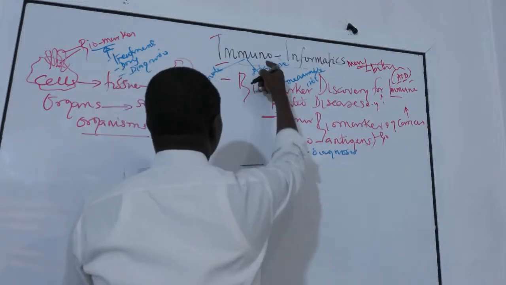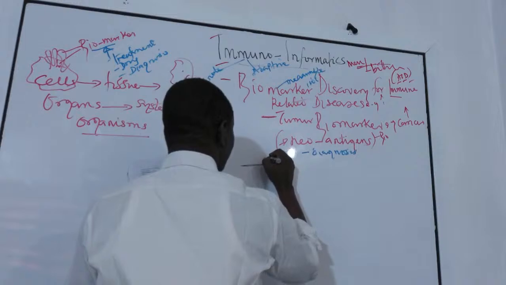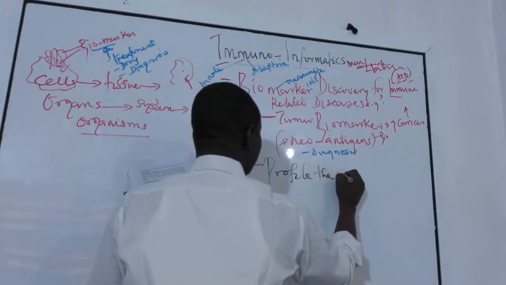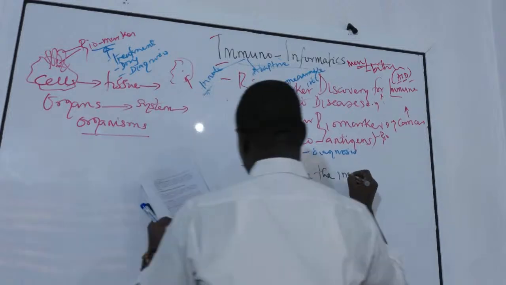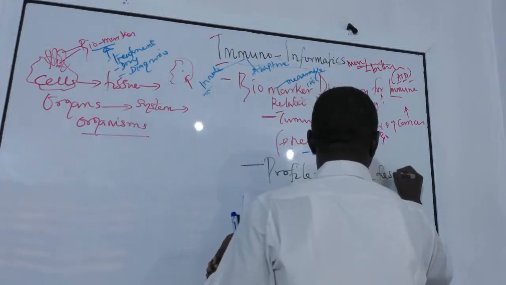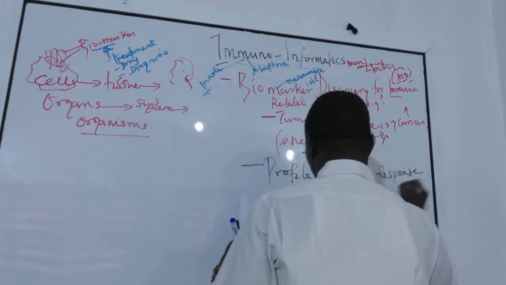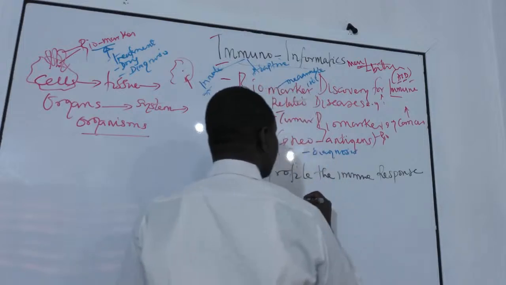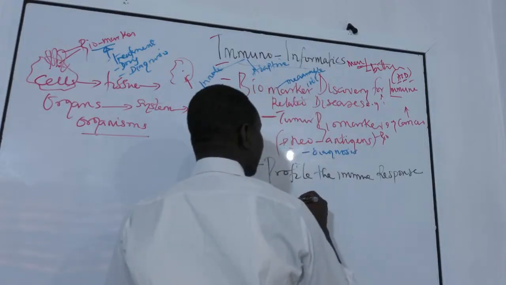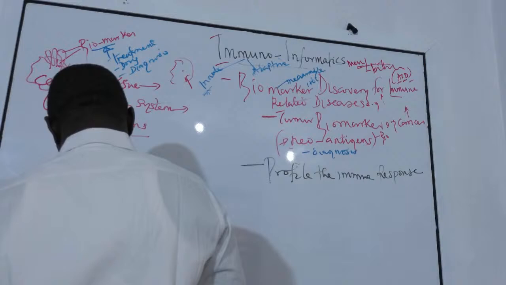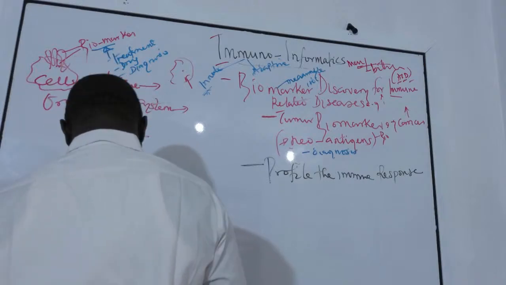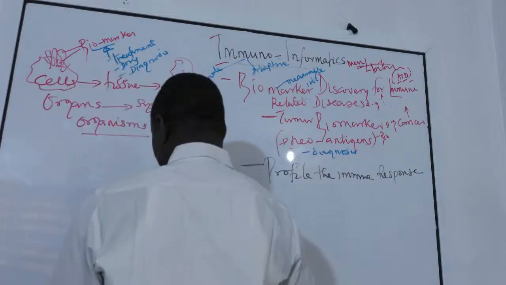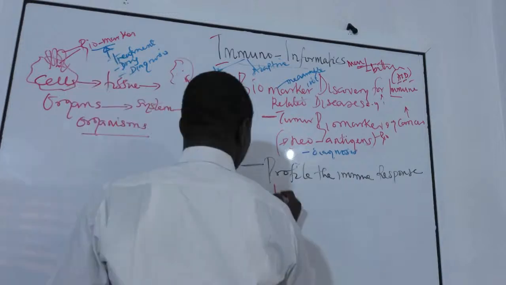So with the use of immunoinformatics we are able to profile the immune response, and profiling the immune response is actually called patient stratification.